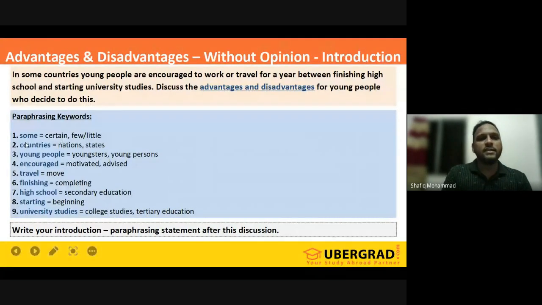for some countries, you can say a few nations; young people, youngsters; encouraged, motivated or advised; travel, to move; finishing, completing; high school, secondary education; starting, beginning; and university studies, tertiary studies or college studies.